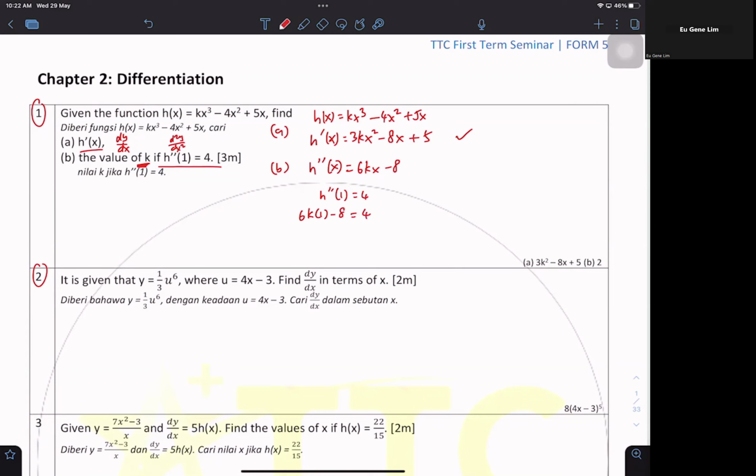Understand? It means the bracket x is 1. So you sub into the x and then you calculate the k. So 6k minus 8 equals 4. 6k equals, bring over, 4 plus 8, 12. 12 over 6 is 2. Done.